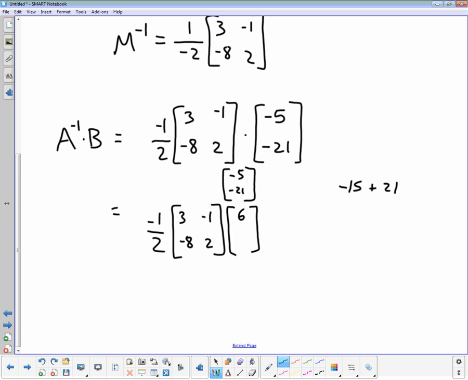And now 40 minus 42 gives me -2. And now I multiply the -1/2 onto it.